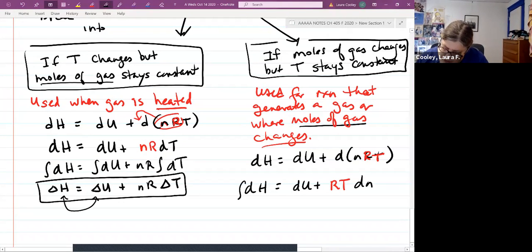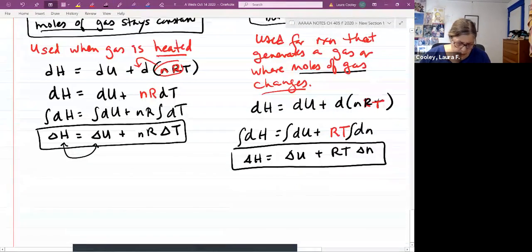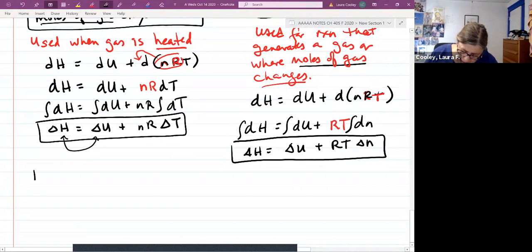And again, we can integrate this because temperature is a constant there. It's easy to do. Delta H is delta U plus RT delta n. And we also had, remember, I pointed this equation out to you.